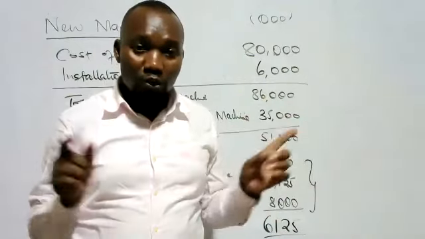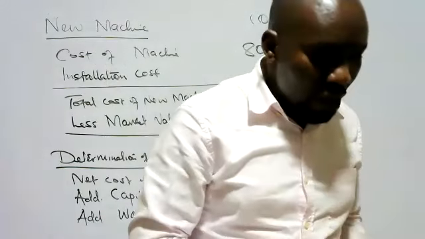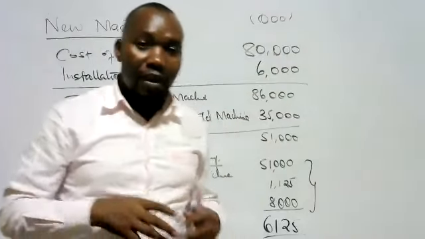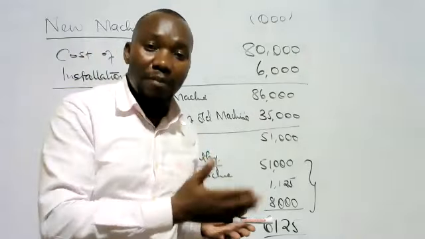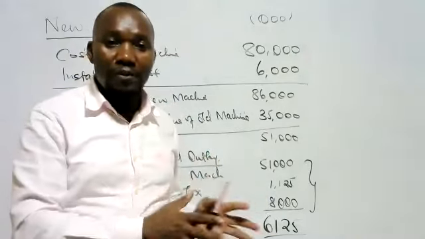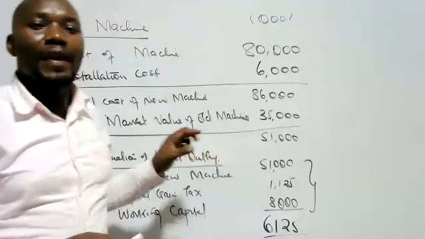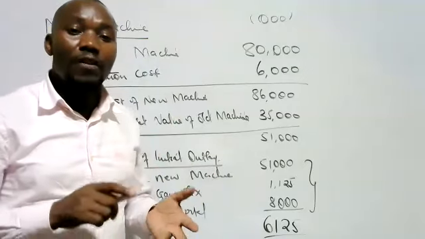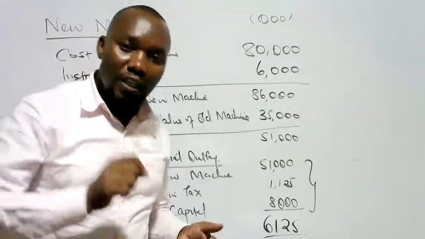Tunaelewana? We are told to advise the management. We need to advise the management on whether to replace the machine or not. So we want to ask ourselves, the new machine, is it going to give us a positive NPV or negative? If it is positive, then we can proceed and replace. So our main aim is to get the NPV. And in NPV, you need to know IO, you need to know the PV, then you need to know the cash flow.